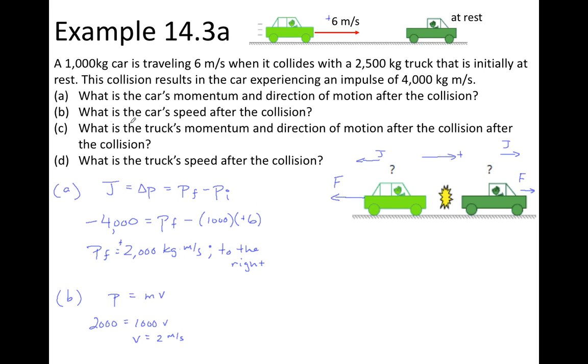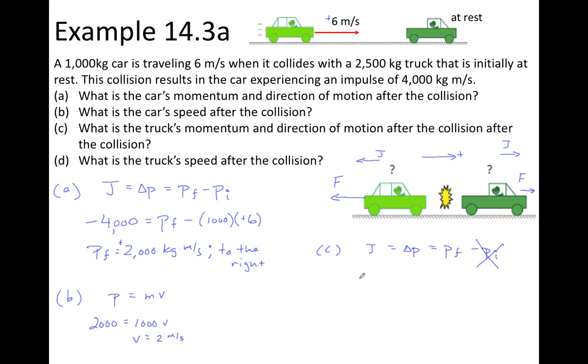Now, in part C, we want to know the truck's momentum and direction of motion. So again, we're going to go back to impulse. Impulse is change in momentum, and the change in momentum is the final momentum minus the initial momentum. And since the truck starts from rest, the initial momentum is 0.